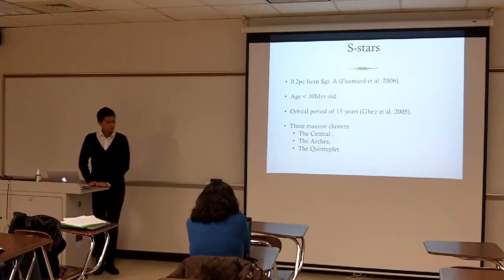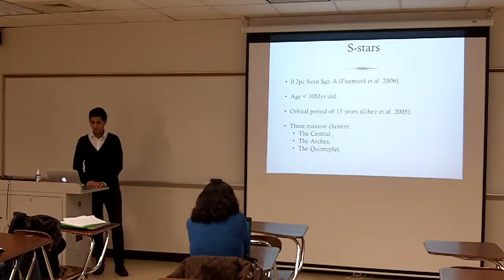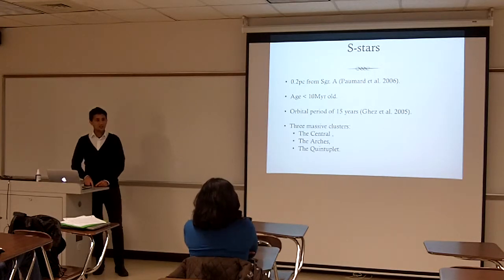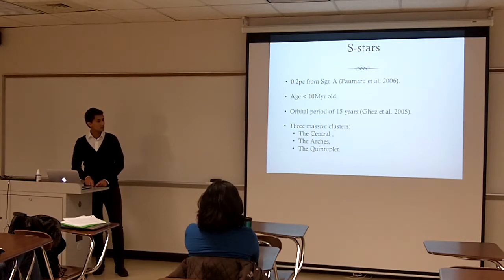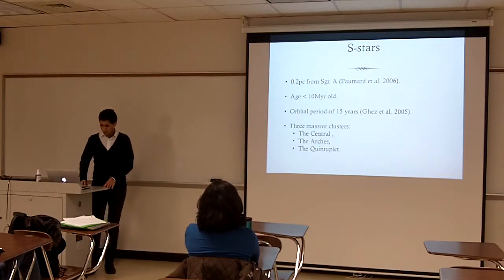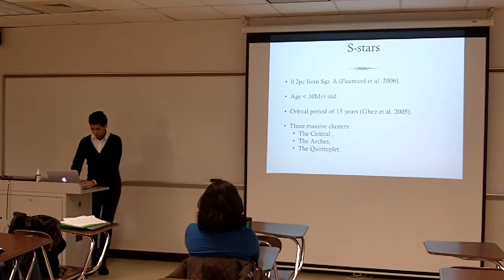So, as I've said before, these are the stars around the supermassive black hole, and what they studied is the stars around Sagittarius A, the closest stars, within 0.2 parsecs, and with an age of 10 million years, which means they are still young.